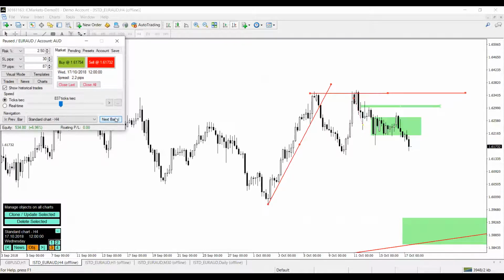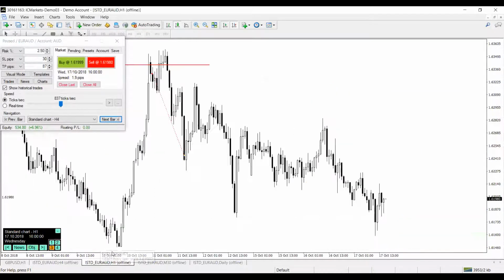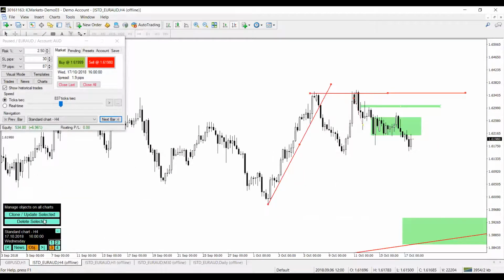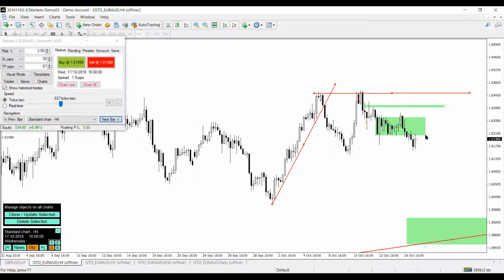Okay, we got our break. So is this our retest? Go for the answer on the 1 hour and 30 minute. Go and clone that box, the consolidation box. Let's double click the box first to bring up the bubbles.